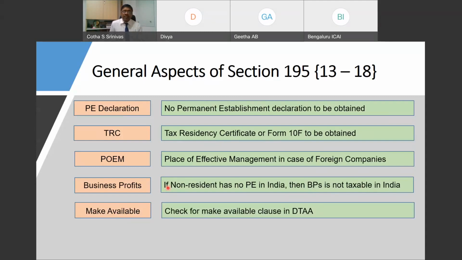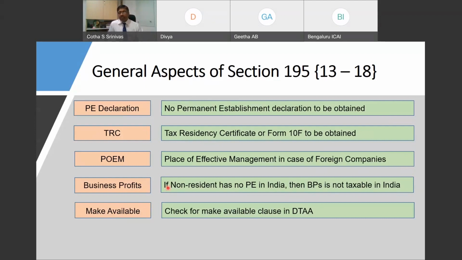Then certain DTAs, you must be aware, talk about a make available clause. What do we understand by the make available clause in a double taxation avoidance agreement? Whenever services are rendered, for example technical services, just rendering the technical services will not make available the entire technology to the recipient.